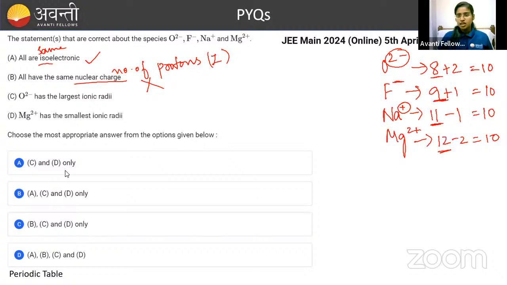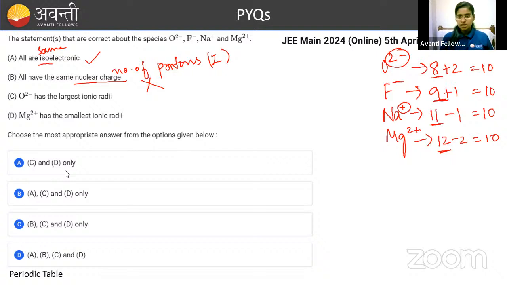Then coming to statement C, O2 minus has the largest ionic radii. So how do we find the ionic radii for isoelectronic species? For that, I will give you one relation. Use that relation to find out.